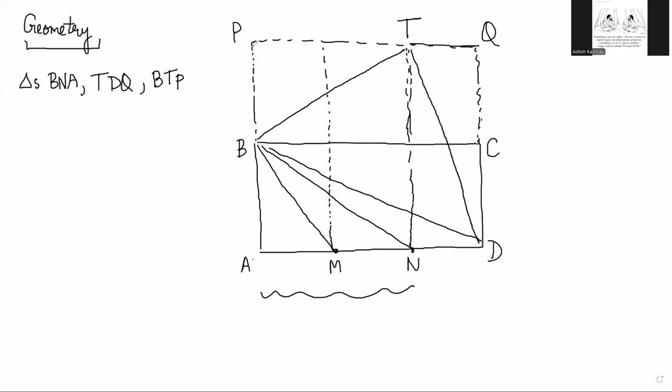And one side is this, and here also one side is this, right? And the angle is 90 here and 90 here, right?